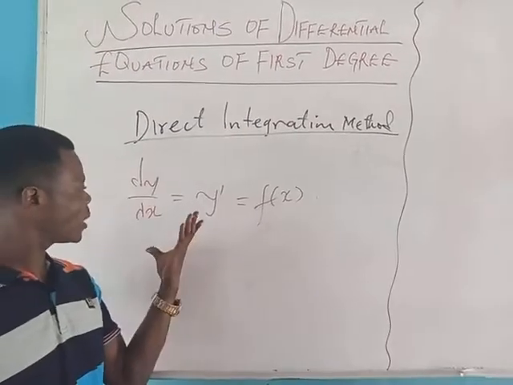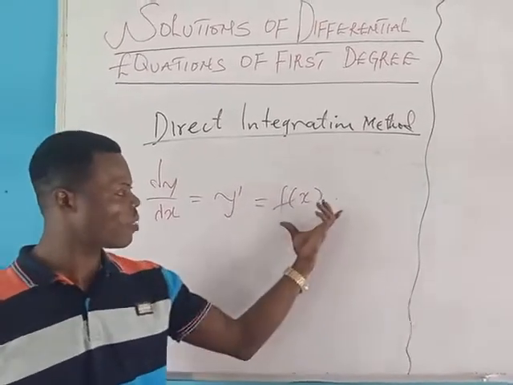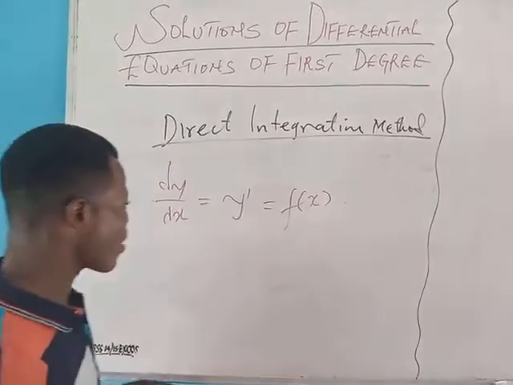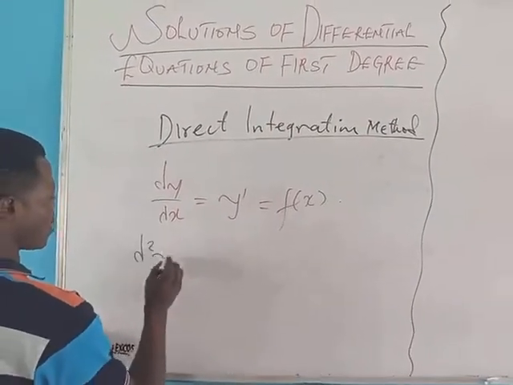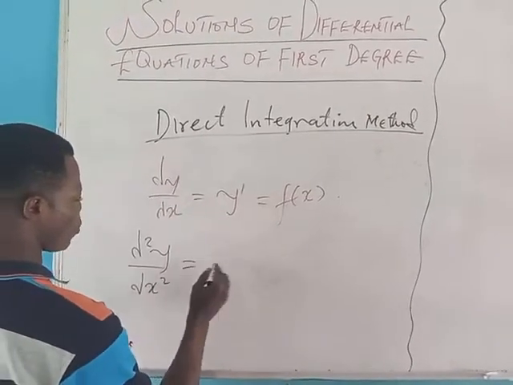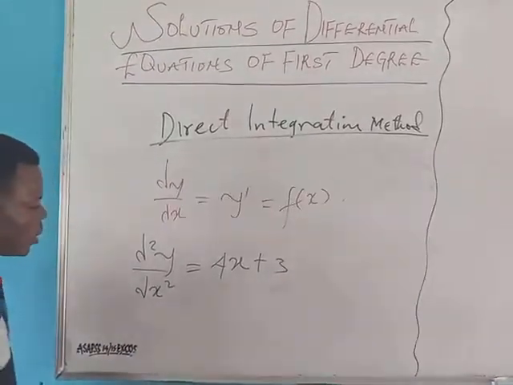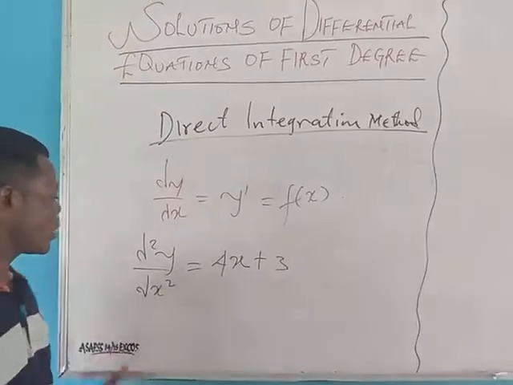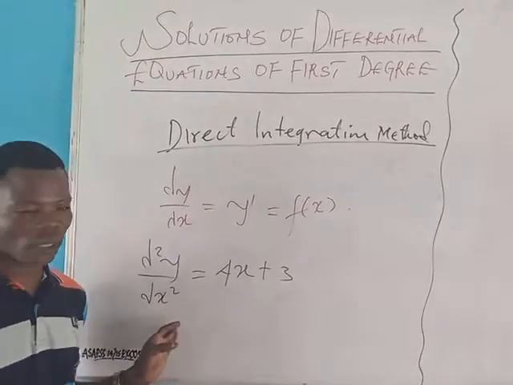You discover that the differential part of it is separated from the given function. Here we can integrate directly. Or if you have it like this, d squared y over dx squared equal to 4x plus 3, we can integrate this directly as well. This is second order but first degree.